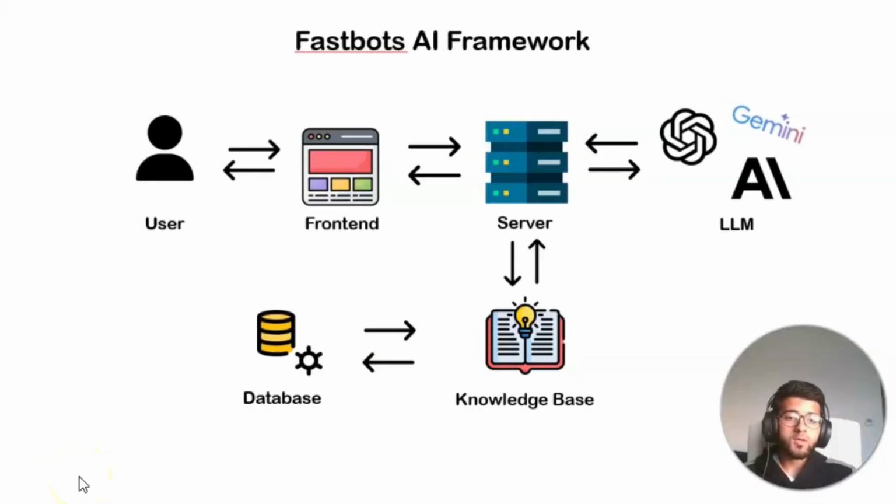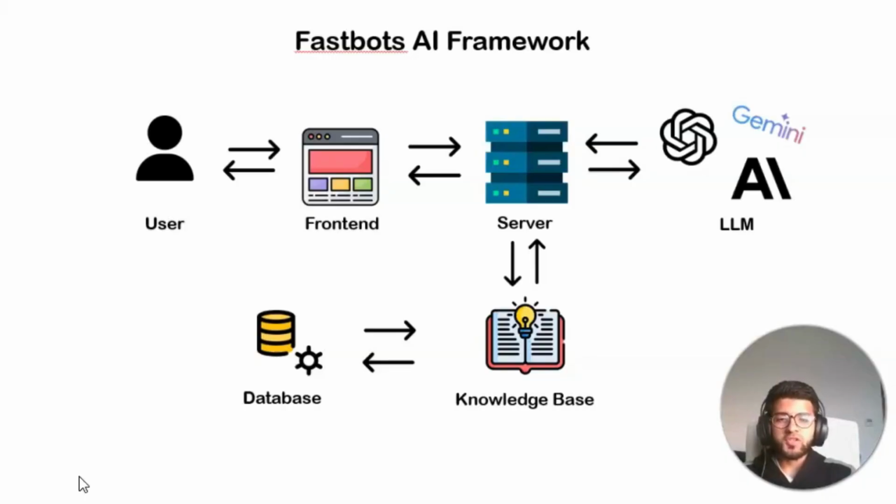Okay everyone, now what we're going to do is look at an overview of how Fastbots AI actually works. This isn't part of the steps, but it's just to help you understand deeply what's going on around Fastbots AI.